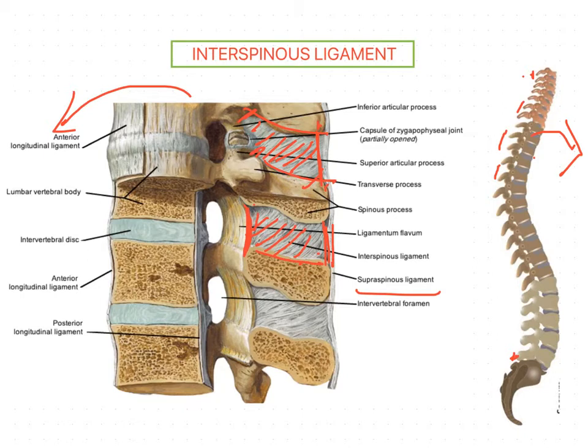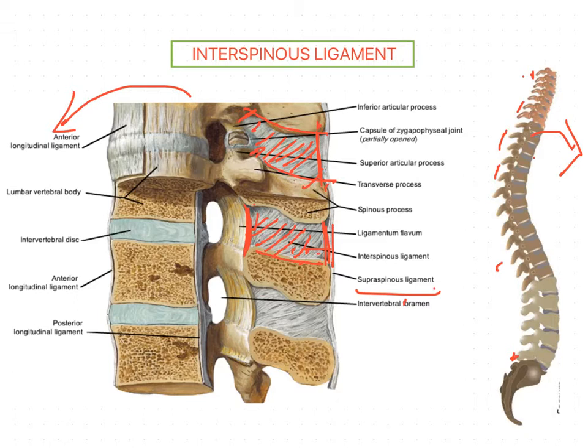In hyperflexion of the vertebral column, the interspinous ligament along with the supraspinous ligament is going to fail. That means both the supraspinous and interspinous ligaments can tear during hyperflexion of the spine.